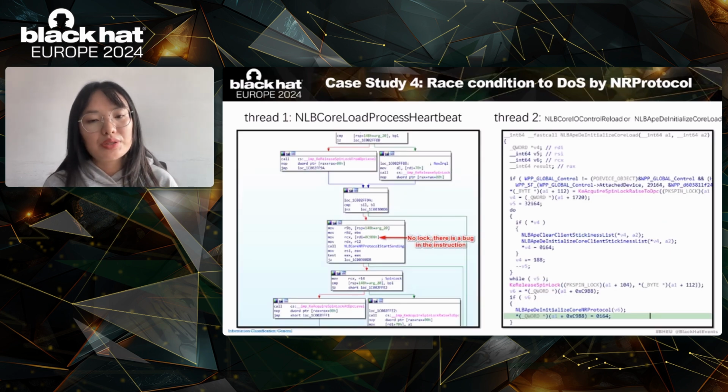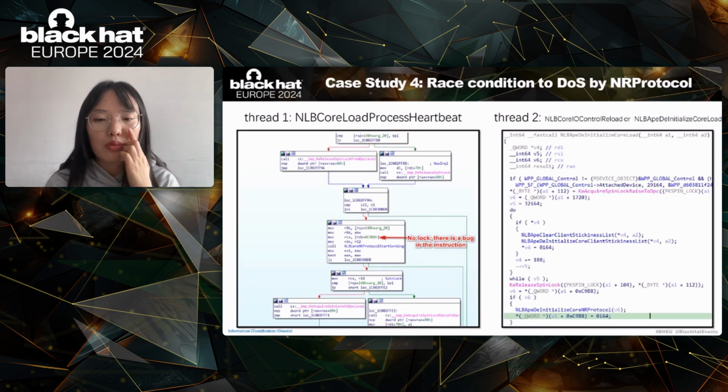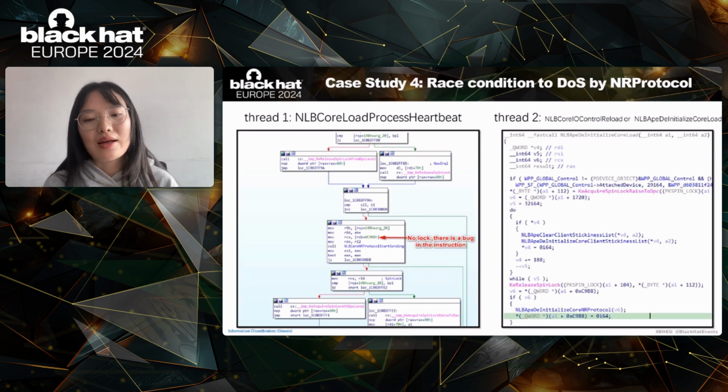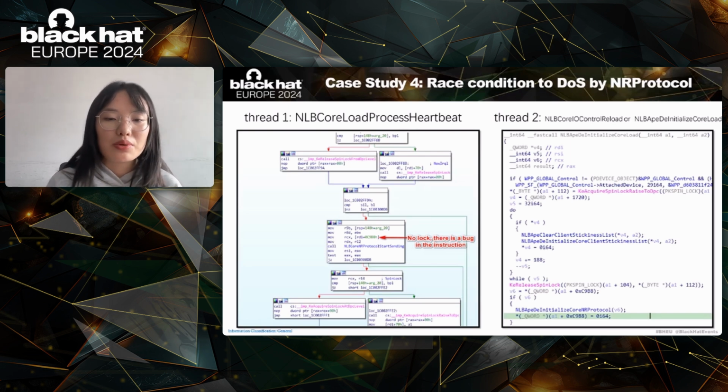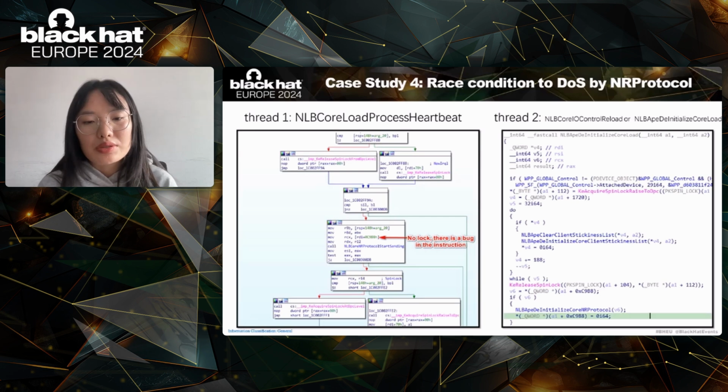When executing the above function, it will read the NR protocol pointer RCX at offset hex C9B8 and pass it to NLB core NR protocol start sending as the first parameter. There is a multi-thread safety problem.